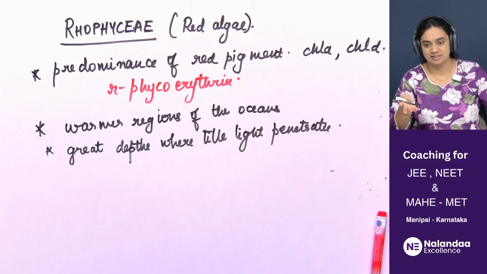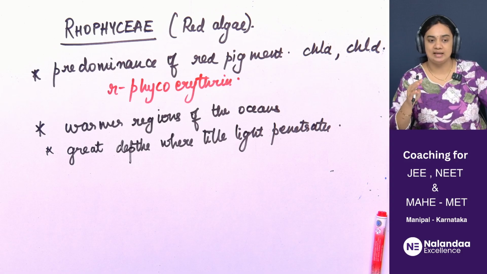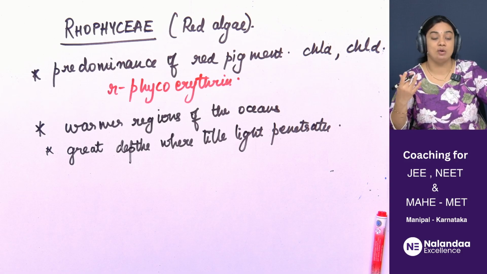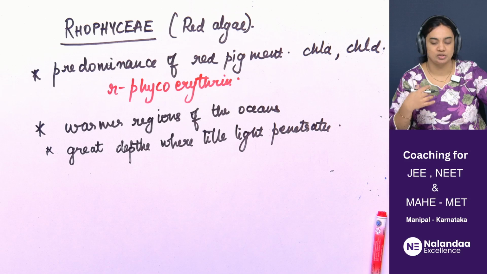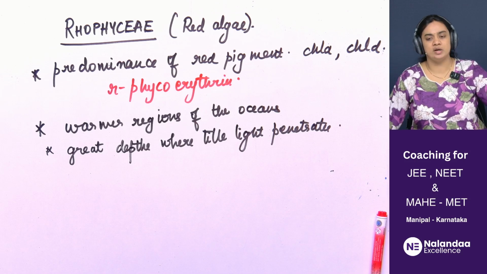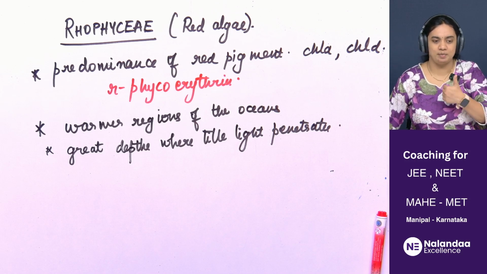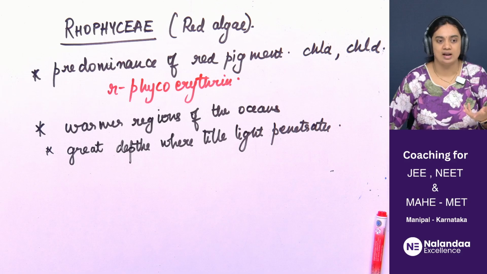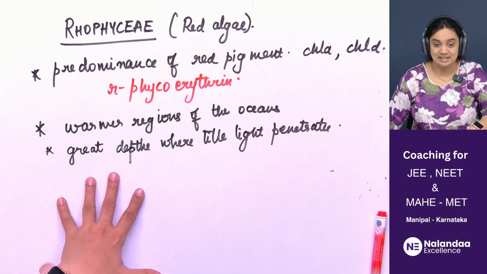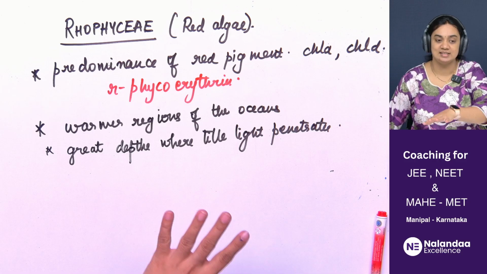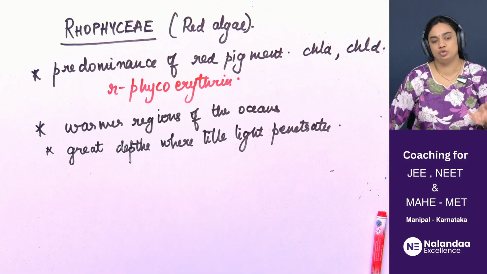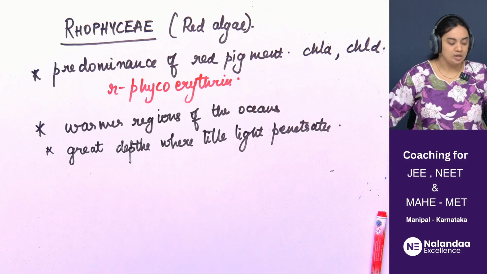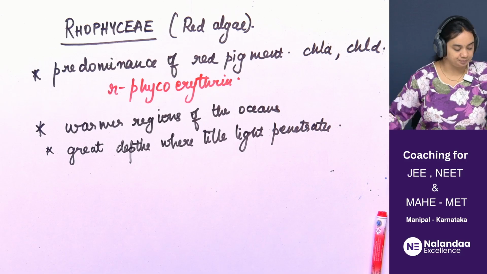There will still be visibility, so algae and other plants will be found predominantly in such regions. But as we move down towards the ocean floor, light does not penetrate, which means temperature also comes down. So it's not a very favorable environment for algal growth, but still certain red algae can exist at great depths where almost no light penetrates. Okay, so this is about habitat.